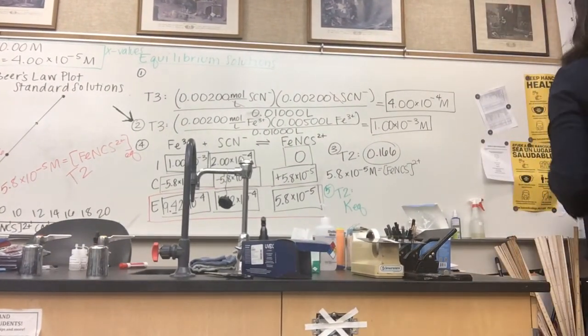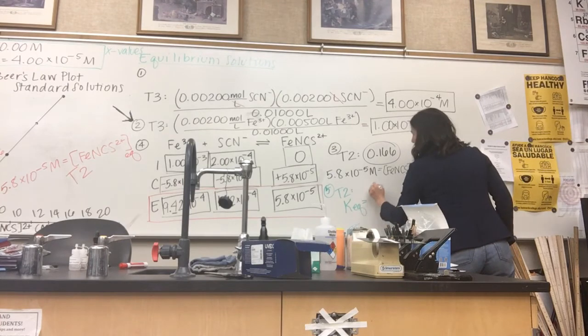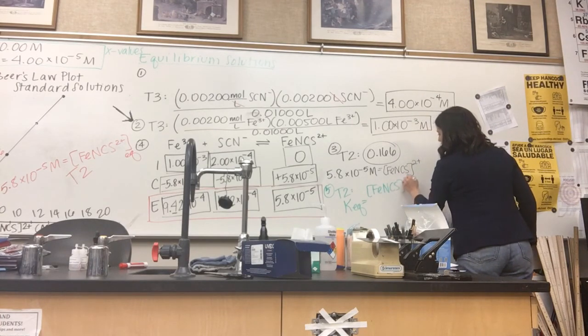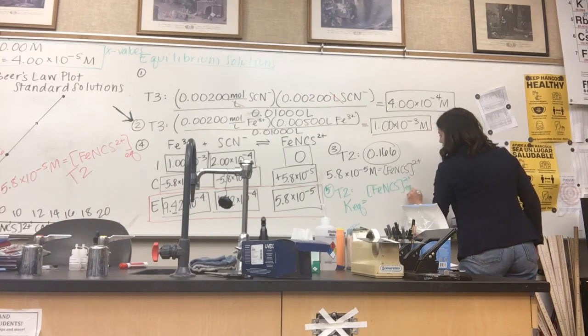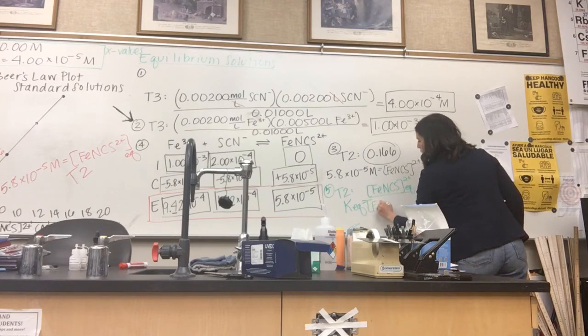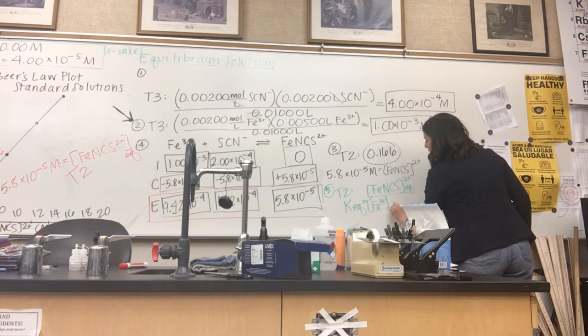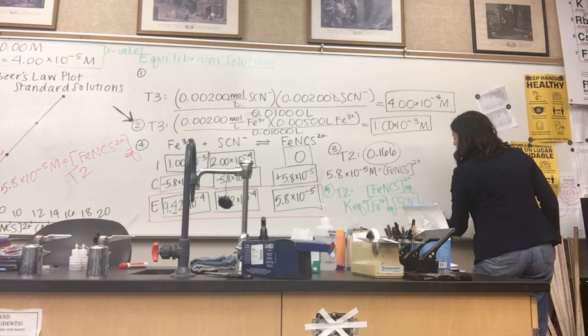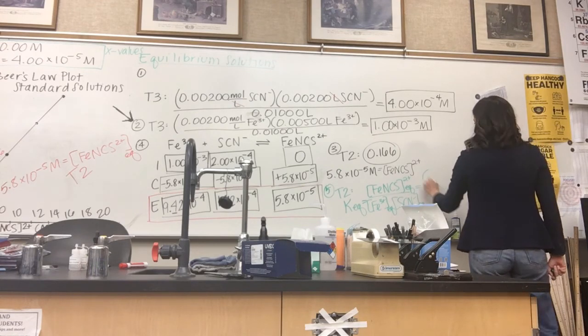K equilibrium equals iron thiocyanate at equilibrium over iron 3 at equilibrium times thiocyanate at equilibrium, which is, let's plug in the numbers.